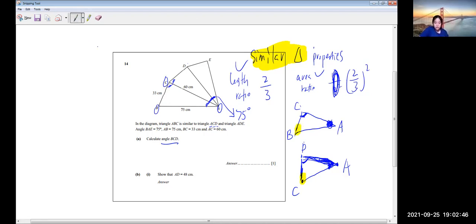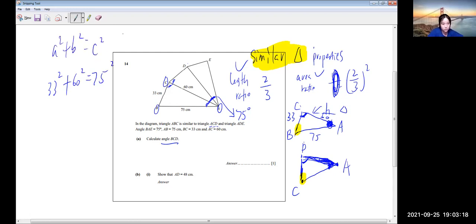Can you help me quickly check whether this is 90 degrees? How do you check whether this is a right angle triangle? Pythagoras Theorem. Have you heard of it? Okay, good. So this is 33, this is 75, this is 60. You just need to check whether 33 square plus 60 square is equal to 75 square, because a square plus b square is equal to c square if it's a right angle triangle.